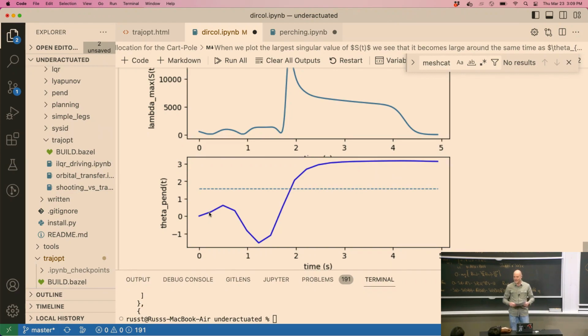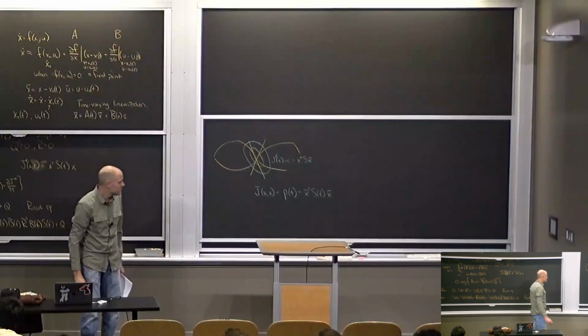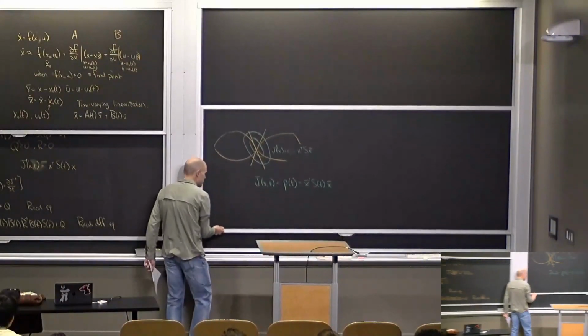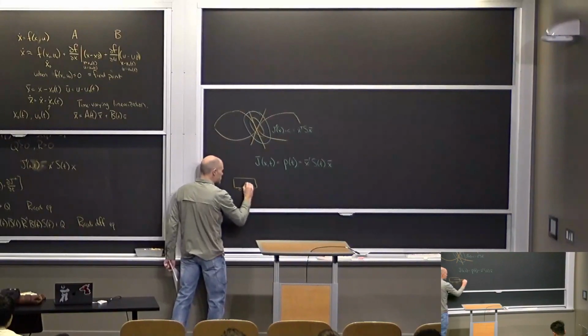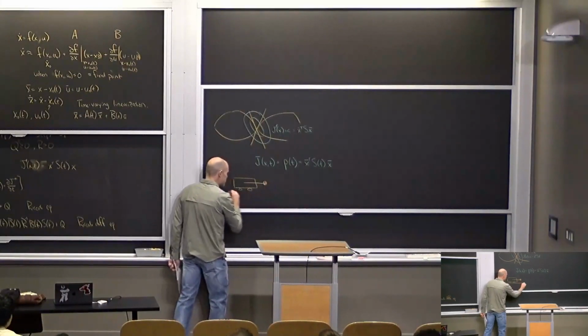I think you're close. I don't know if you can read it from where you are, but that is at pi over 2. So there's a particular set of states in the Cartpole that look like this.